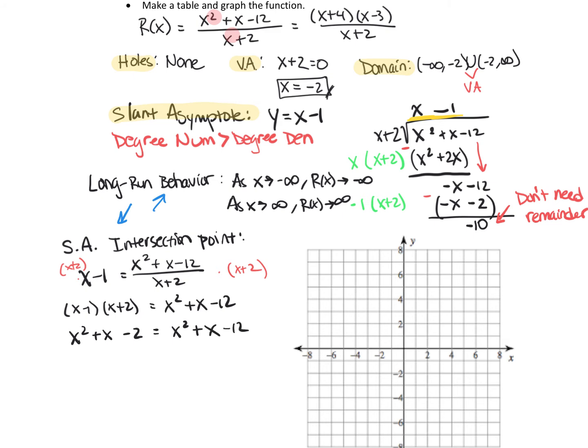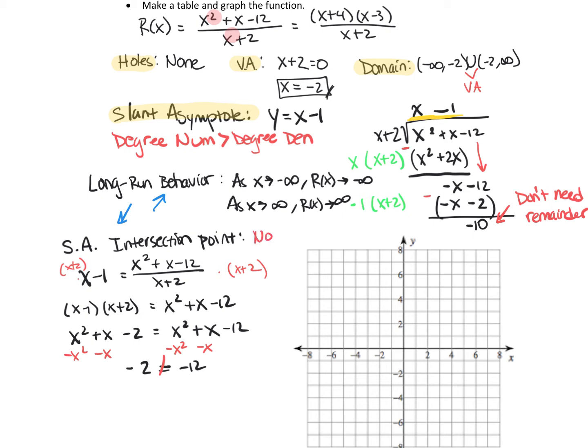Now from here, I'm going to start subtracting x squared on both sides and subtracting x on both sides, and if I do that, a lot of stuff goes away, and I'm just left with negative 2 is equal to negative 12, which we know that's not how math works. That is not what that means. So if we come across something like this, it just means that there is no intersection point, or no slant asymptote intersection point.